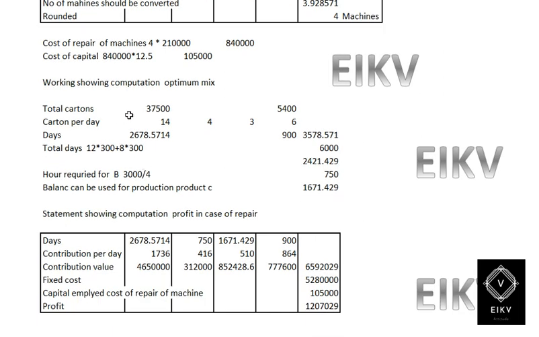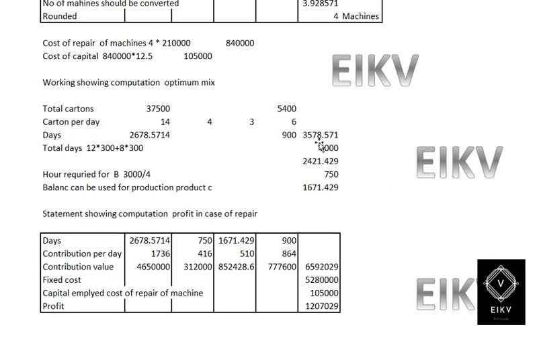Therefore, the workings for computation of the optimum mix: total cartons available for product A will be 37,500 and for product D will be 5,400. So the days required will be 37,500 divided by 14 and 5,400 divided by 6, that is 900 days.